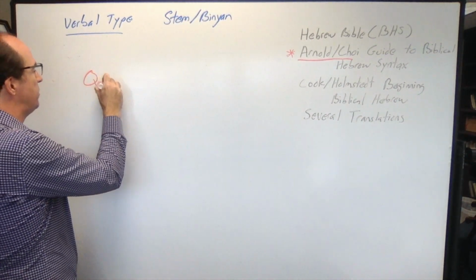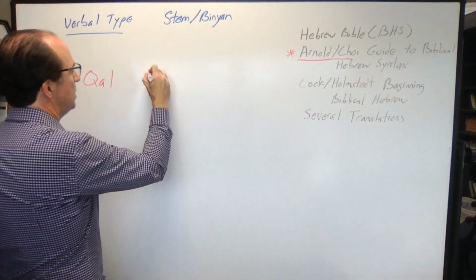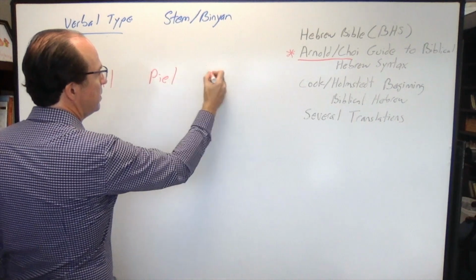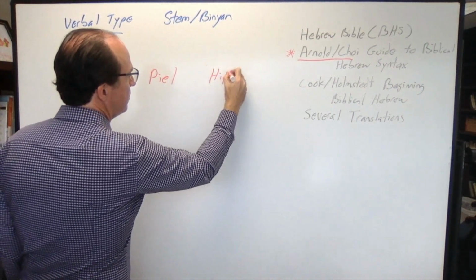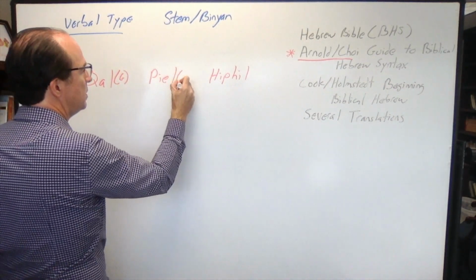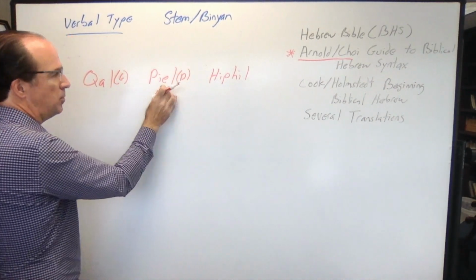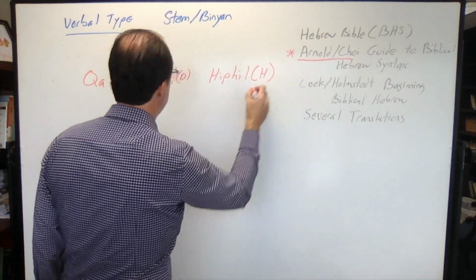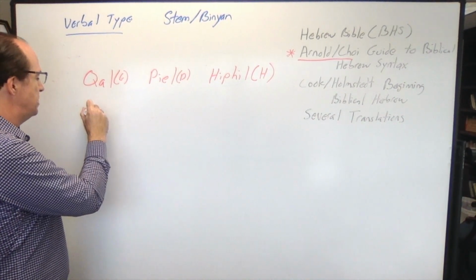You have Qal, Piel, Hifil, sometimes known as the G stem, the D stem, because there's a doubled second radical or second letter, and this is the H stem. Then we have Nifal.